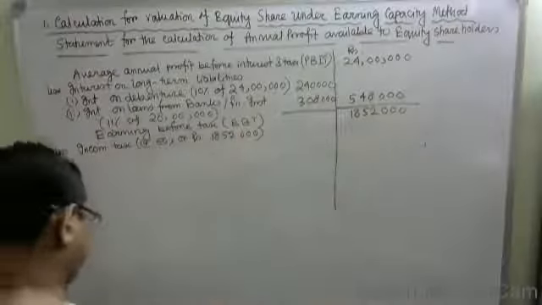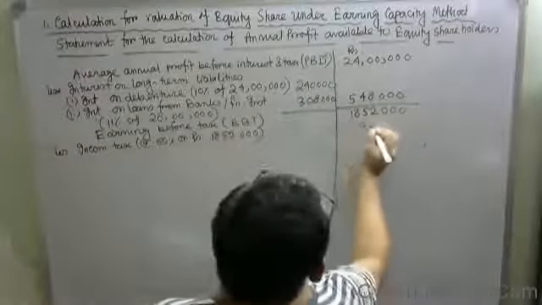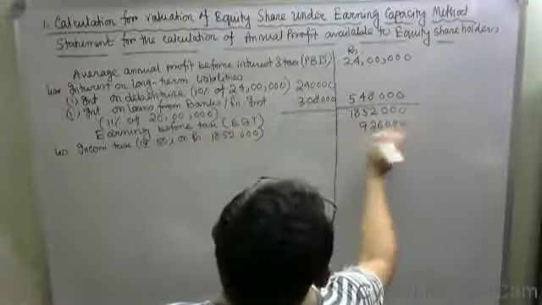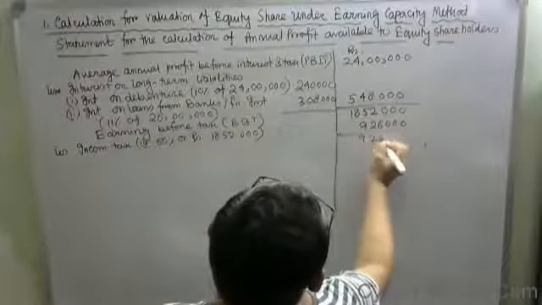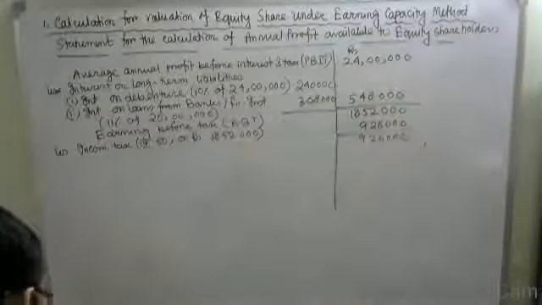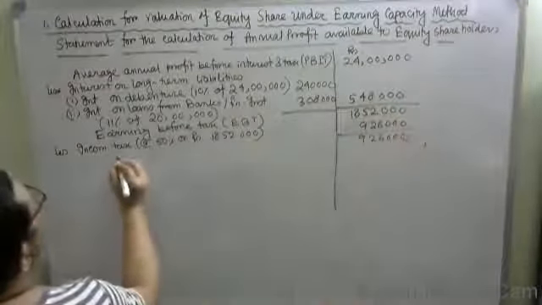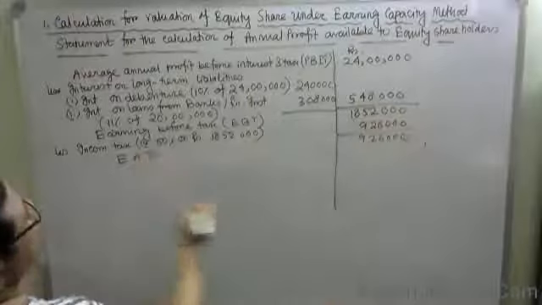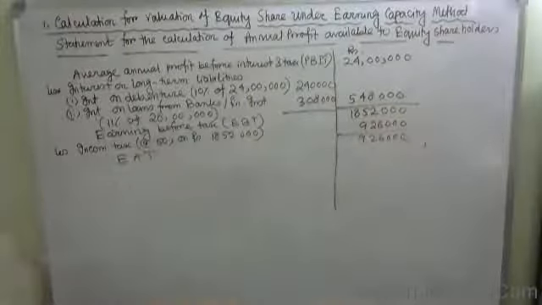That means 9 lakh 26,000. Earning after tax, EAT, is 9 lakh 26,000.